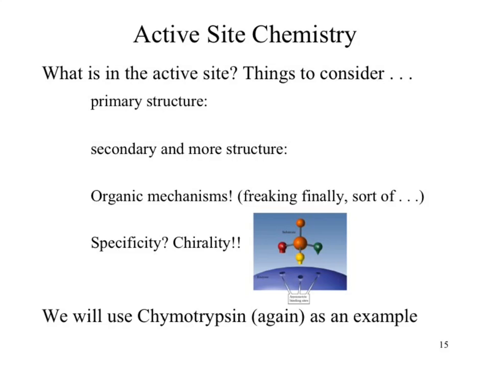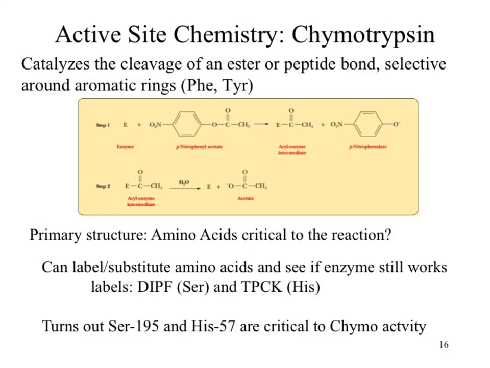And then we'll keep going back to chymotrypsin as our example for all of this, just because that's what your textbook has, and that's the only images I've got to put it together. So, in our primary structure, we've got our chymotrypsin, which we've talked about already, goes through and catalyzes the cleavage of the peptide backbone around the phenylalanine and tyrosine residues. So within the primary structure, what we'd want to do is figure out what amino acids are critical to that reaction.